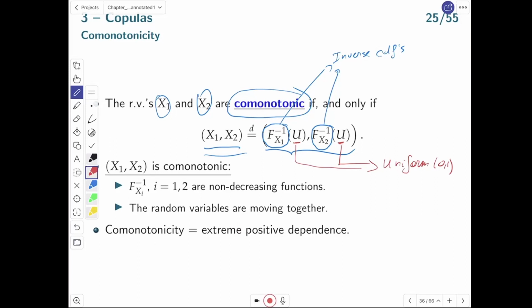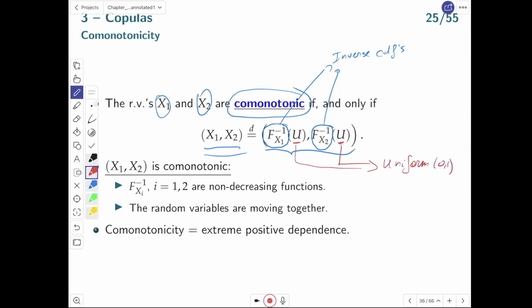However, if you look at the right-hand side of this expression, you have two functions, the inverse of F_X1 and the inverse of F_X2. You have only one random variable involved in that expression on the right-hand side. It's the U. If I tell you U is equal to 0.5, I know the first component and I know the second component.